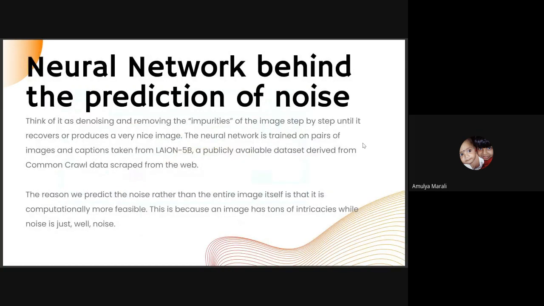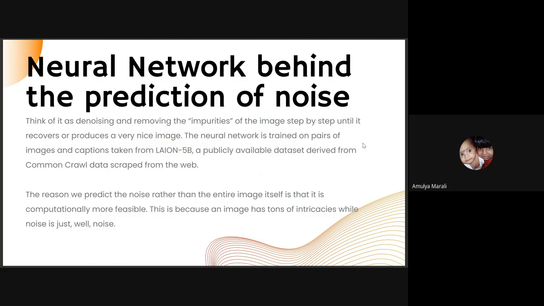So coming to the neural network behind the prediction of noise. We make use of UNet here, and I'll tell you eventually why UNet. And before UNet, we train these models on different images and their captions. For that, you have this data set called LAION 5B, which is publicly available.